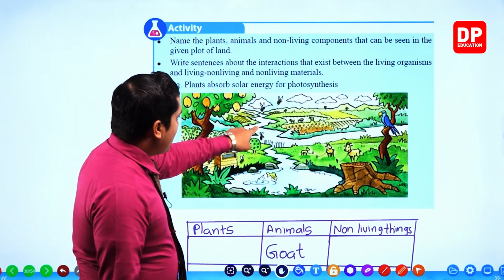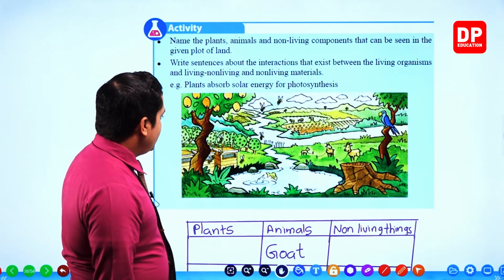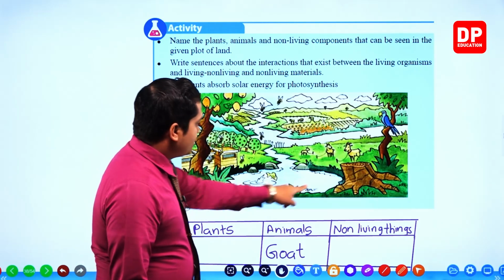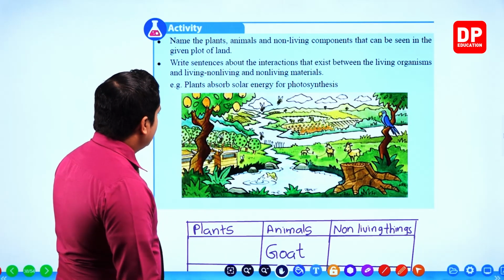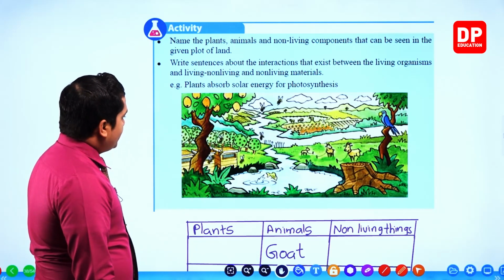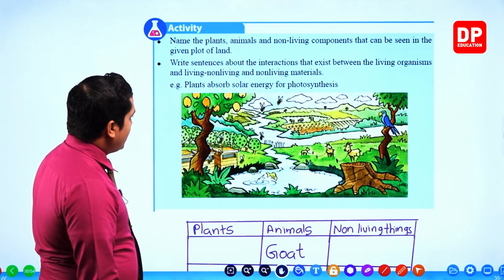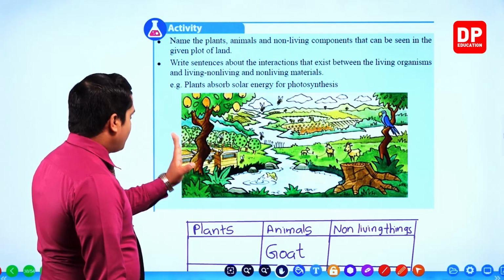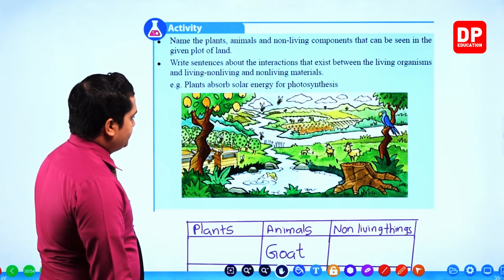Over there I can see paddy fields, so paddy plant. Then in here I can observe grass. So this is like a mango plant, right? So mango plant, we'll mention as a mango plant. It's like some kind of a fruity plant. So I'll mention as mango plant.